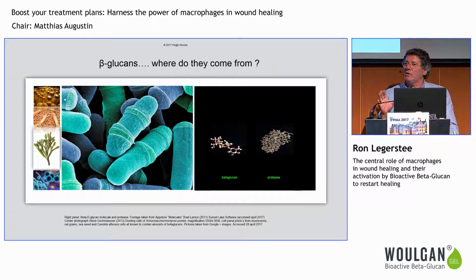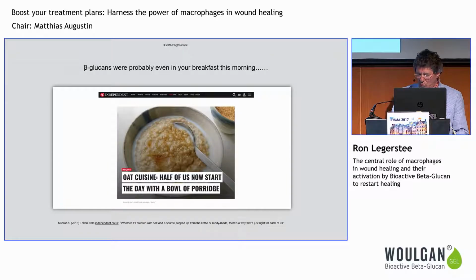And exactly what they have come up with, this beta-glucan product of Woulgan, is exactly the size to stimulate the macrophage type, because there are 2 or 3 distinct macrophage types, to stimulate the macrophage which is predominantly active in the proliferative state of the wound healing. So you actually can reason with a product like this that you stimulate the wound healing.